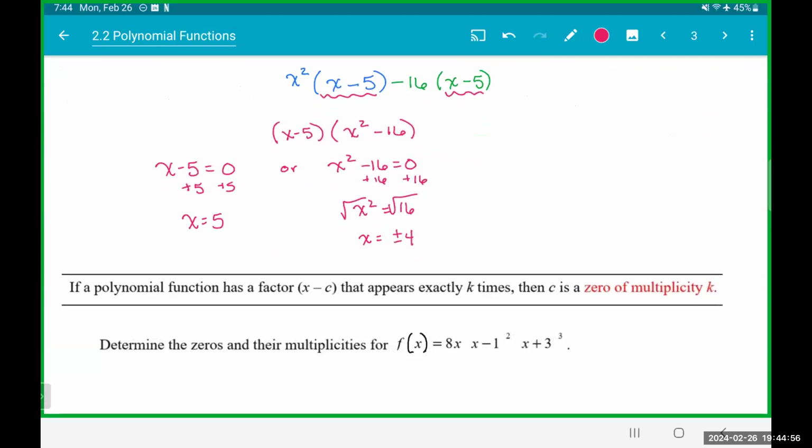So I can say that if x equals 5, my formula is 0. If x equals positive 4, my formula is 0. If x equals negative 4, my formula equals 0. Okay? So that's what it means when we're asked about the zeros.